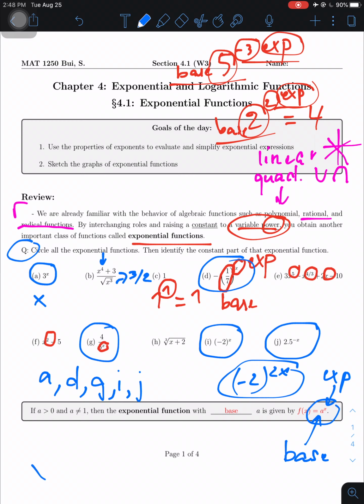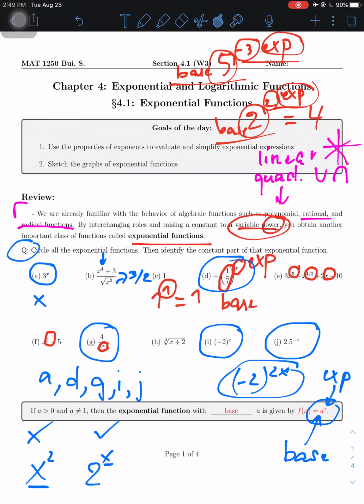And again, if you have, say, 2x squared here, x in here is the base, right? This x is not an exponent. So this is not a good example of an exponential function, but if you have 2 to the x, this is a good example of an exponential function because x in here is the exponent, okay? So watch out for the position of the x. In order to identify whether your function is exponential or not, look at the position of x, okay? And that's all you do, okay?